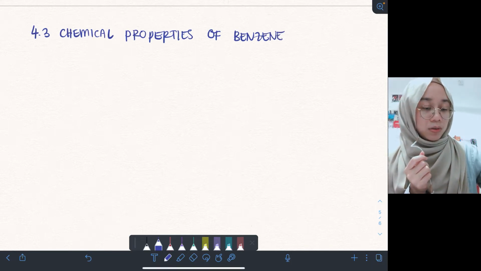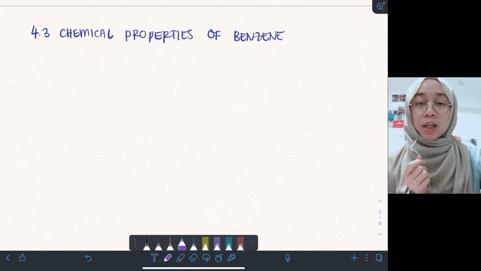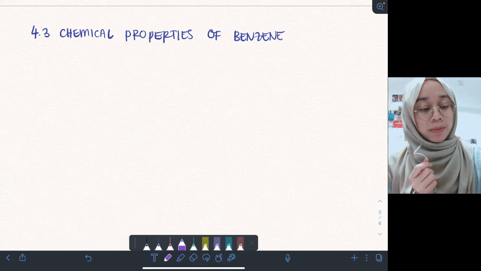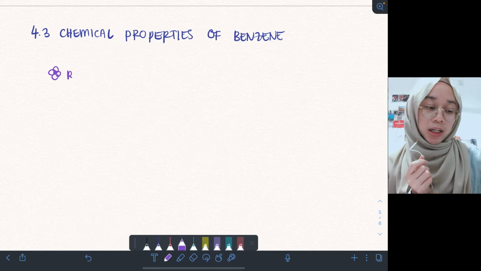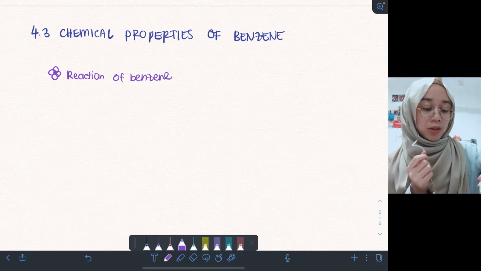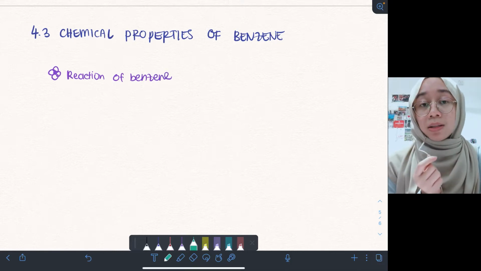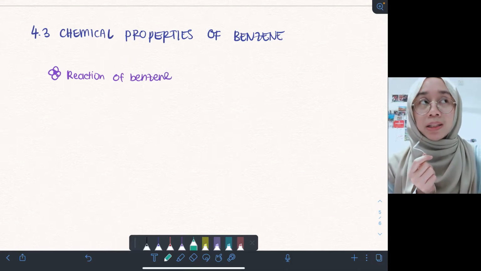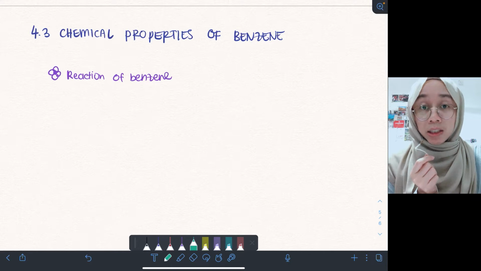Untuk chemical properties of benzene sebenarnya dia terbagi kepada dua. The first one is actually the reaction of benzene. Reaction of benzene ni, kalau based on previous video, we know that benzene tend to undergo substitution rather than dia undergo addition, kan?